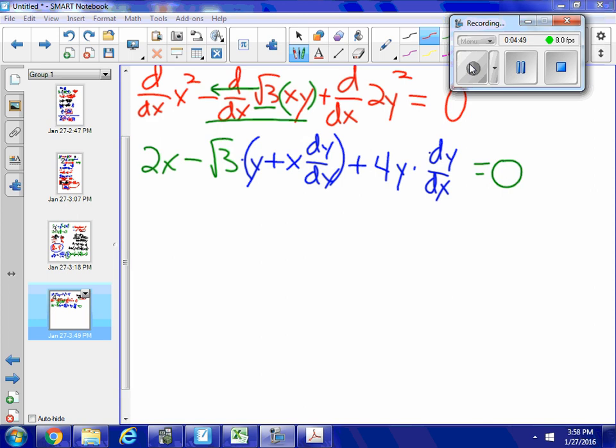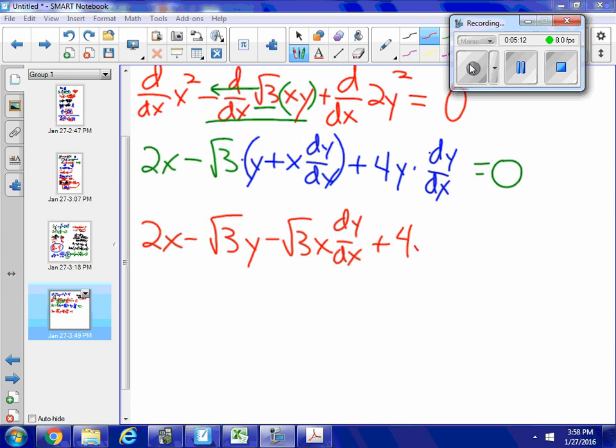Now I need to get every term that has a dy/dx on one side of the equation. Let me first expand this out. I have 2x minus radical 3y minus radical 3x dy/dx plus 4y dy/dx equals 0.